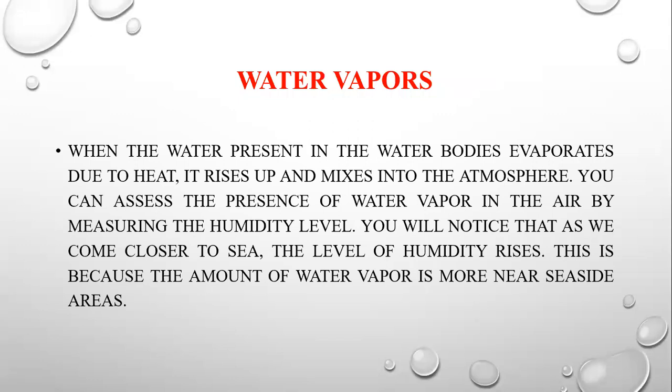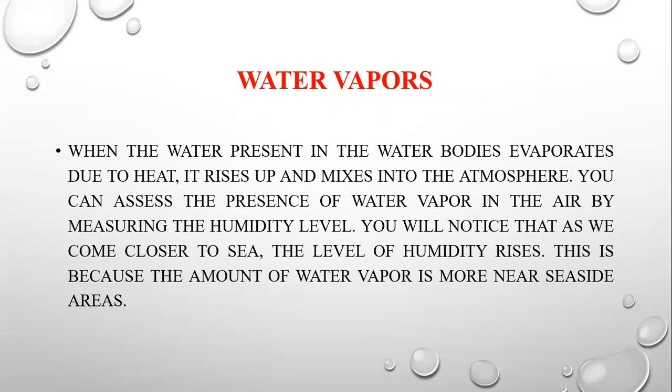In dry areas, there is a low concentration of water vapor. Near sea areas we will witness that the air is humid, 70, 80, 90% humid, which means water vapor will be present. In dry air, like deserts and other such areas, there is a very minute quantity of water vapor.